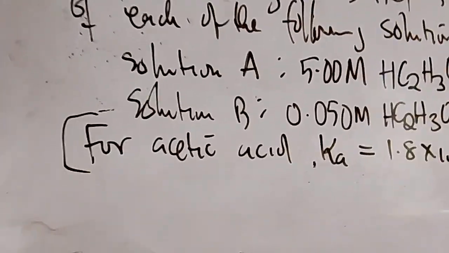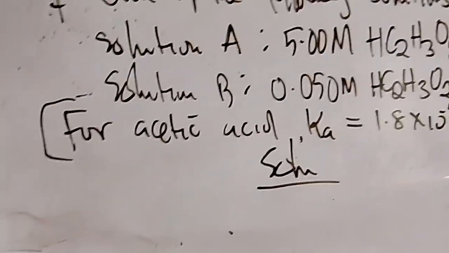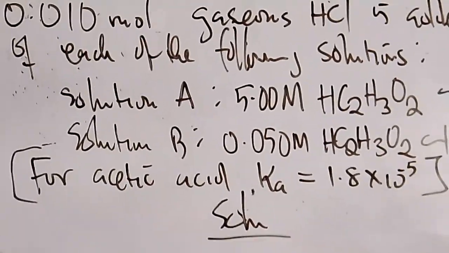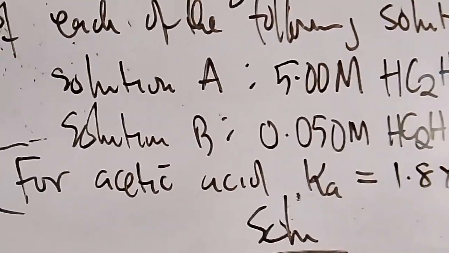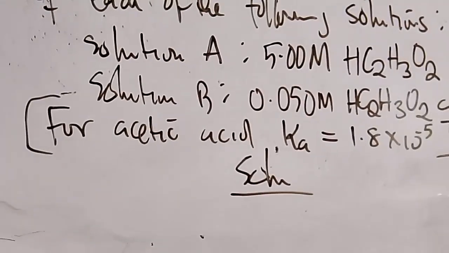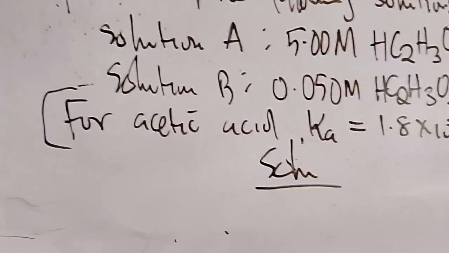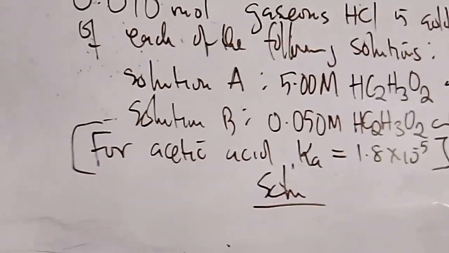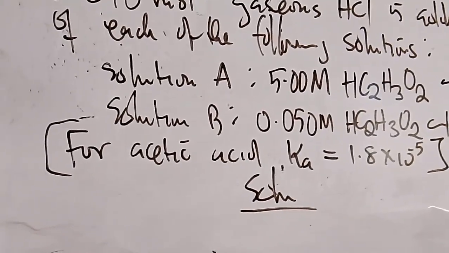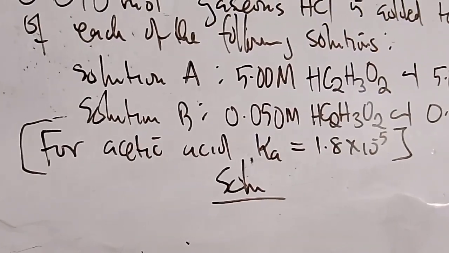So the first step is to calculate the pH of these two solutions before the addition of the acid. First of all, we calculate the initial pH, the original pH before the addition of the gaseous HCl.